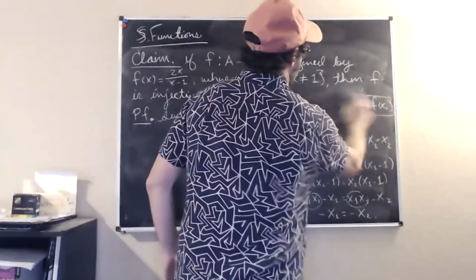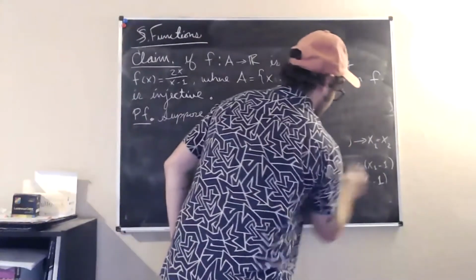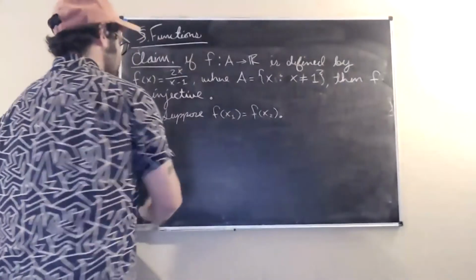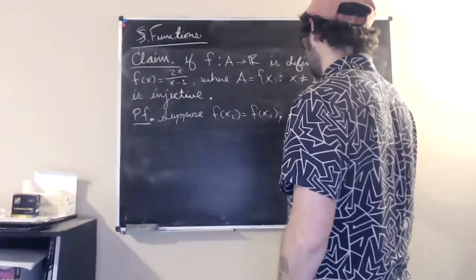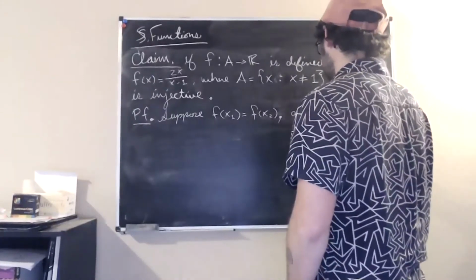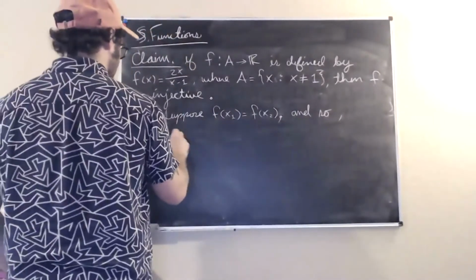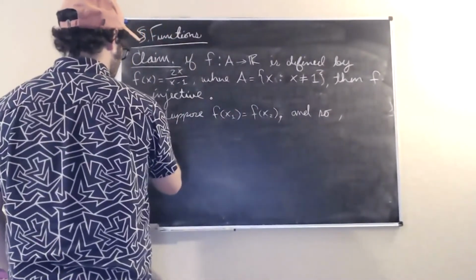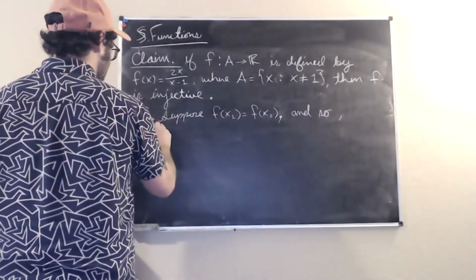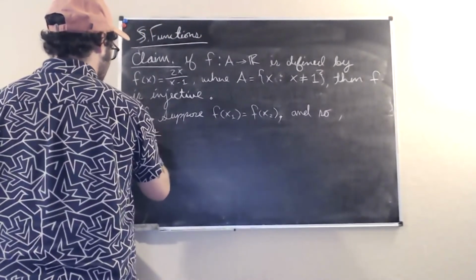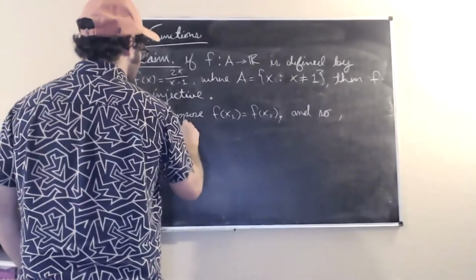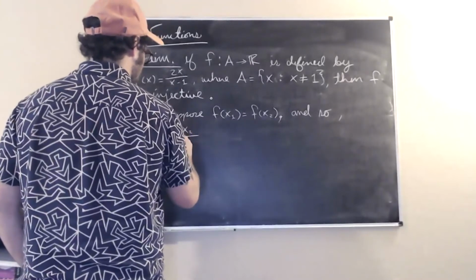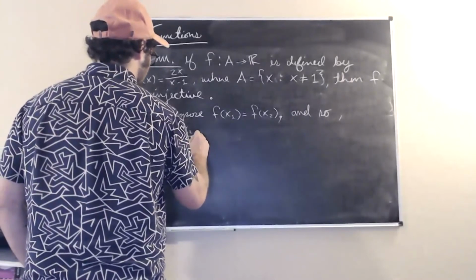So let's just suppose that 2x1 over x1 minus 1 is equal to 2x2 over x2 minus 1.